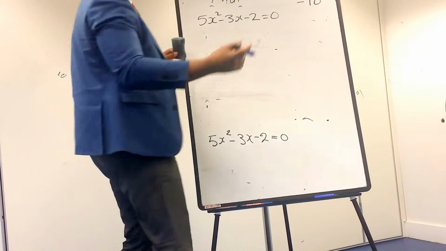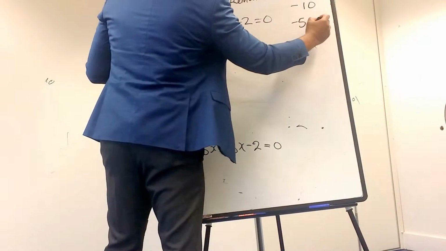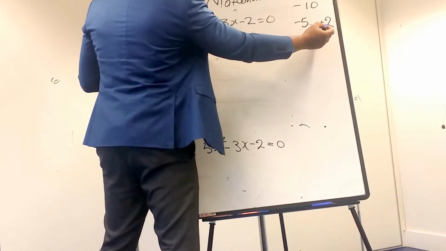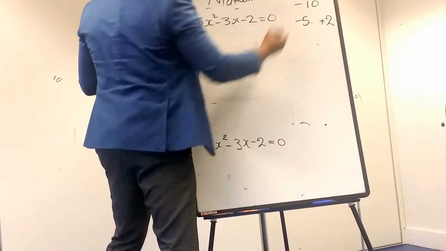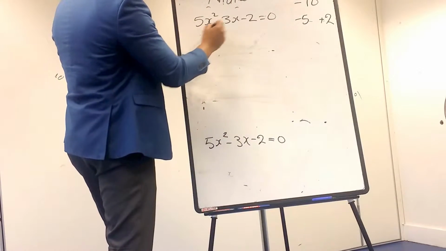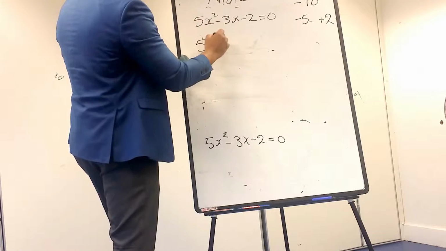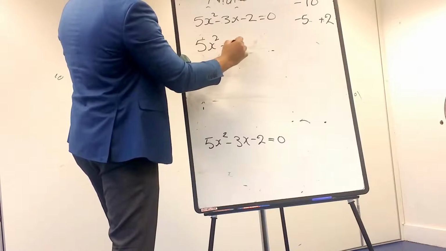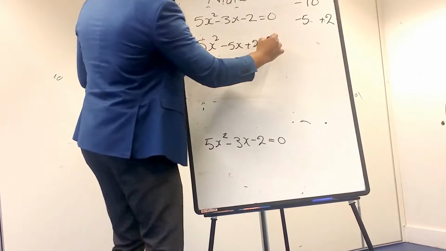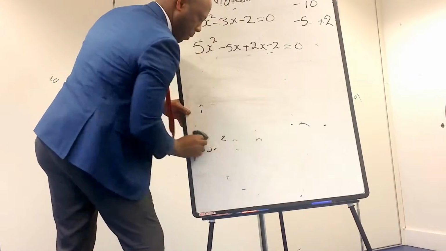Those two numbers would be minus 5 and positive 2, such that minus 5 times 2 is minus 10, but when we add them, we will get negative 3. So now we need to split minus 3x. Okay, so we're going to have 5x squared minus 5x plus 2x minus 2, and that's all equal to 0.